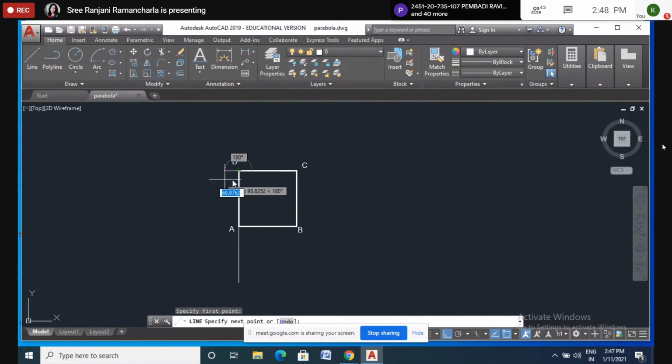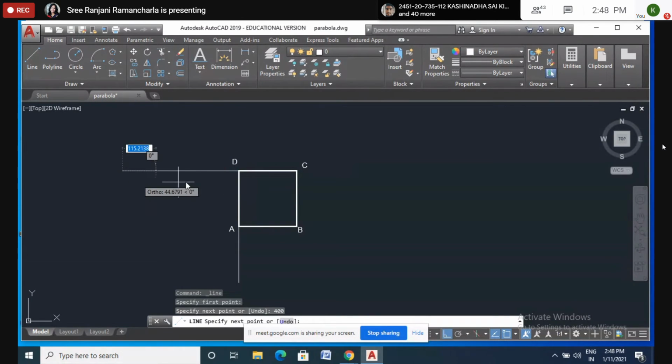My question is this: how much do I have to extend? How many times the side of the square? Now we have to extend 4. Yes, 400.